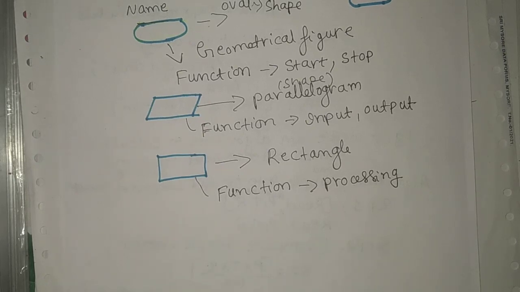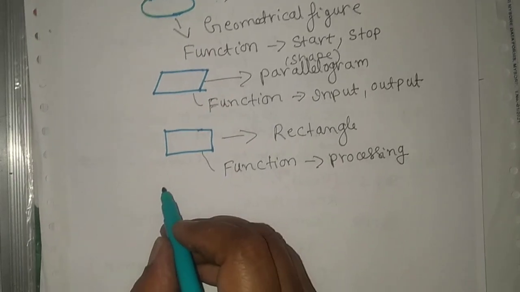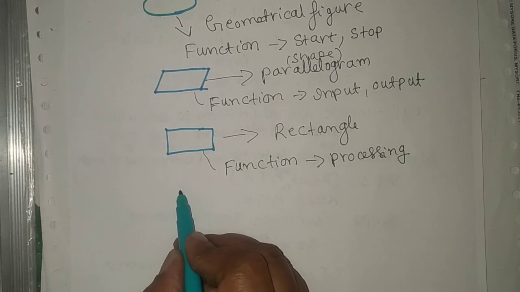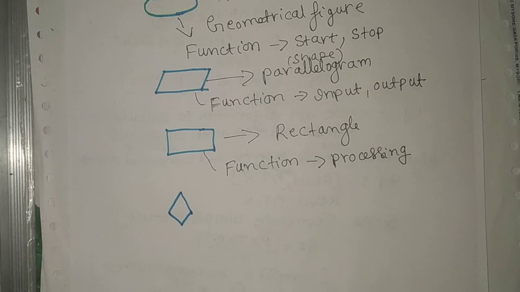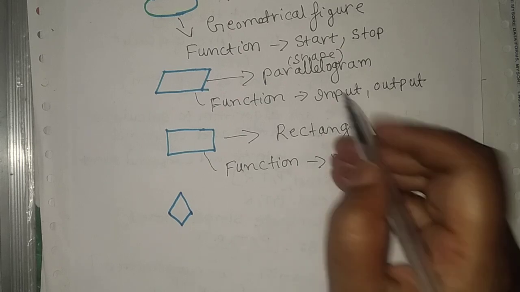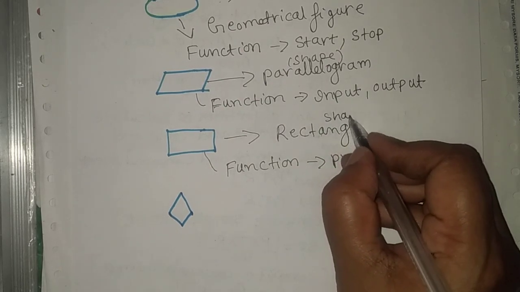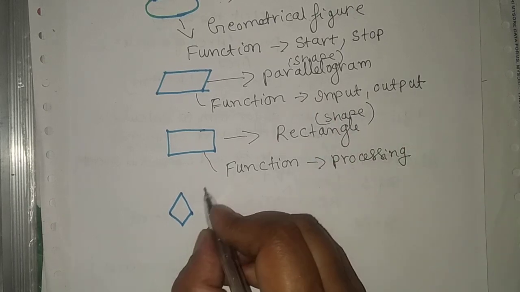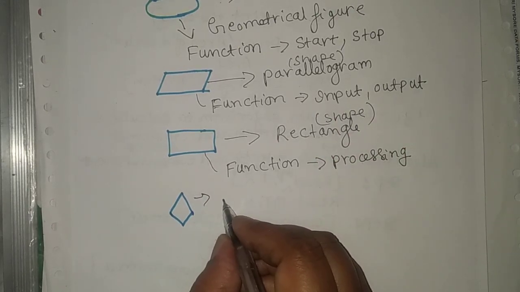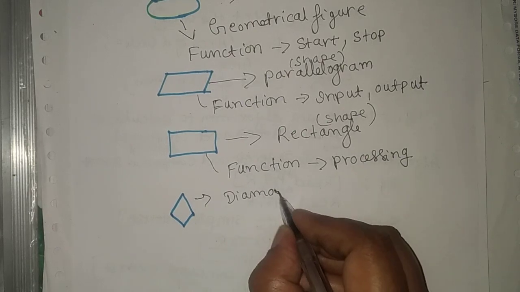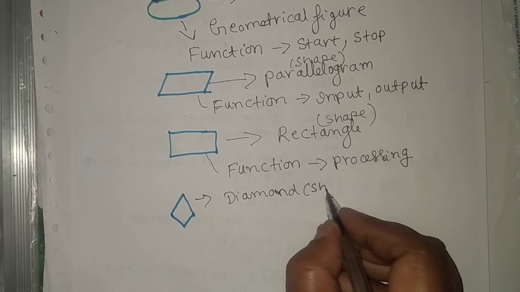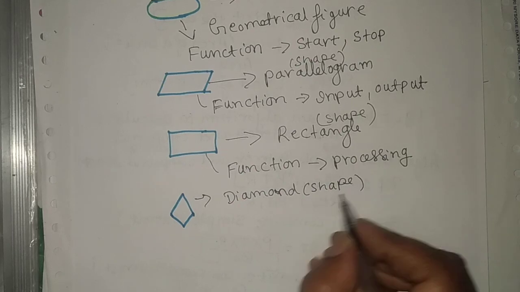So next is this one, diamond shape. So this is the shape, diamond shape, and function is decision making.